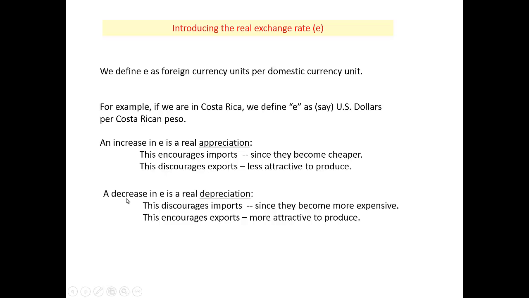In the other direction, a decrease in E is a real depreciation, and this is going to discourage imports because they become more expensive when the currency depreciates, but it's also going to encourage exports. Now exporters will be receiving more Costa Rican pesos for each dollar. Each dollar is more valuable relative to the Costa Rican peso.